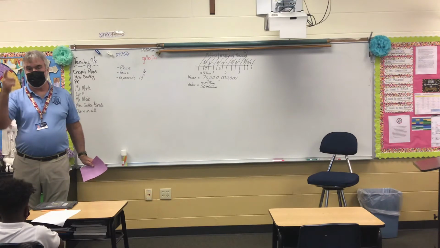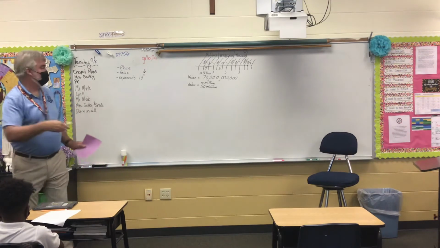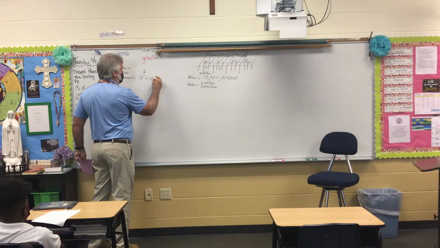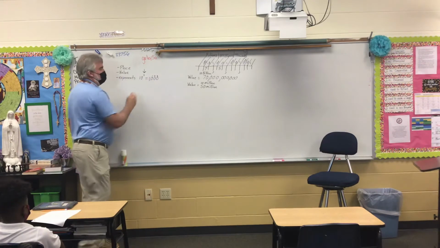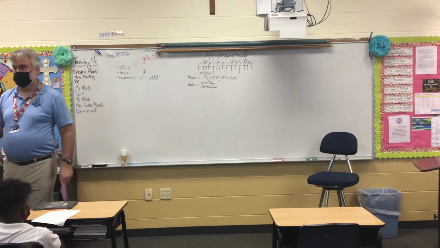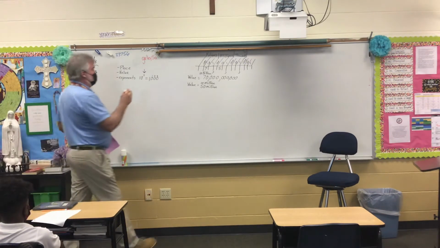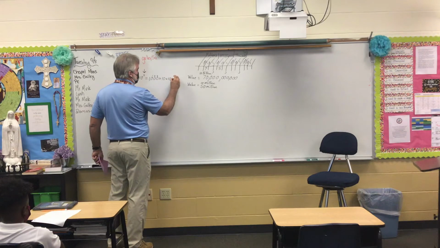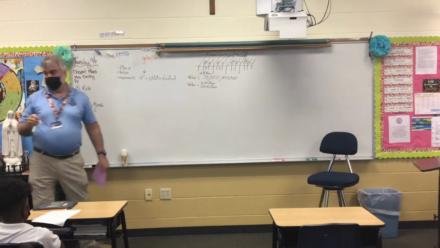There's also 3 zeros. So this is going to equal 1,000. You were right also because it is 10 times 10 times 10. There are 1, 2, 3 of them.